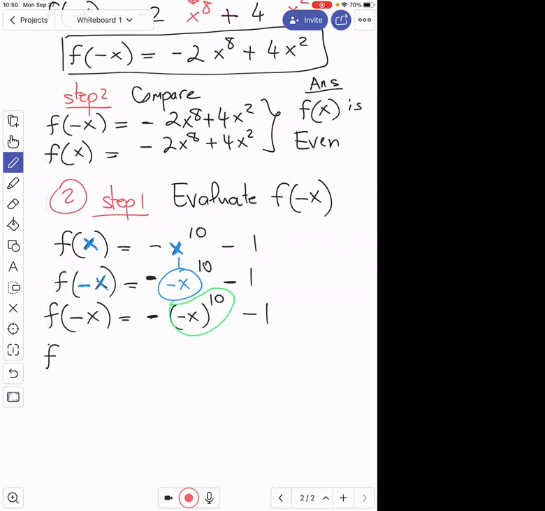So there's this minus right here, and x to the power 10, and this minus 1. As you can see, this constant doesn't change. It remains the same because there's no x there. So I got my f of minus x.